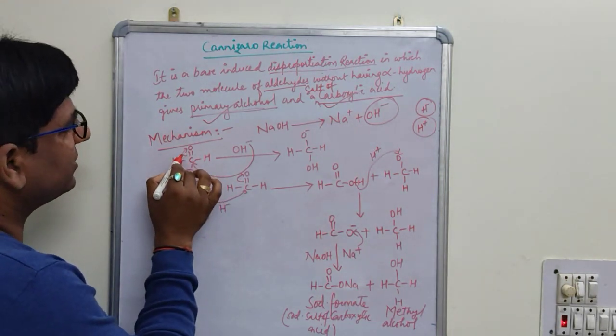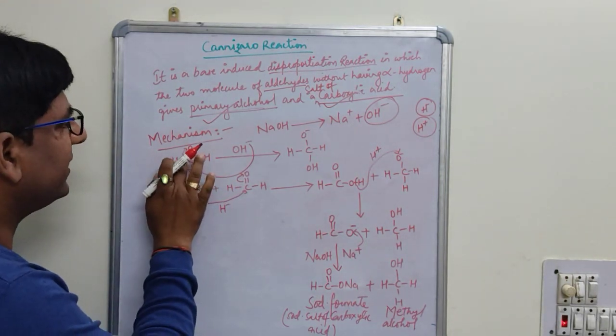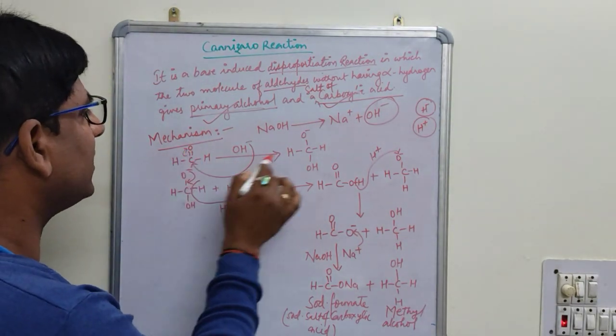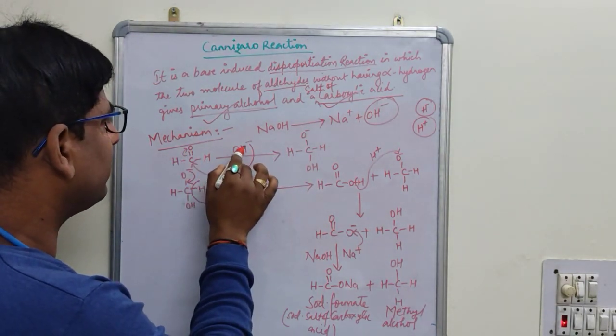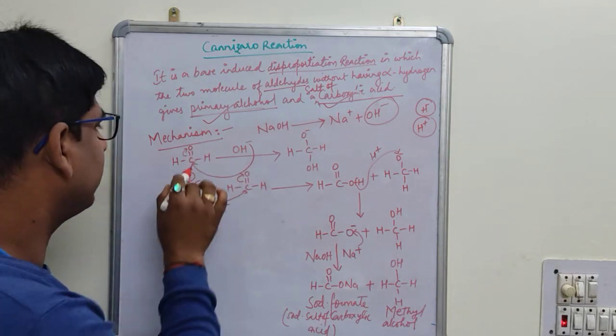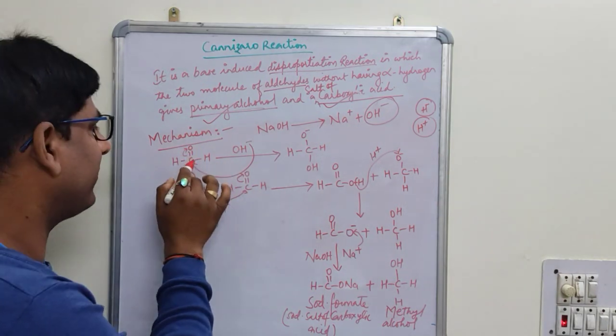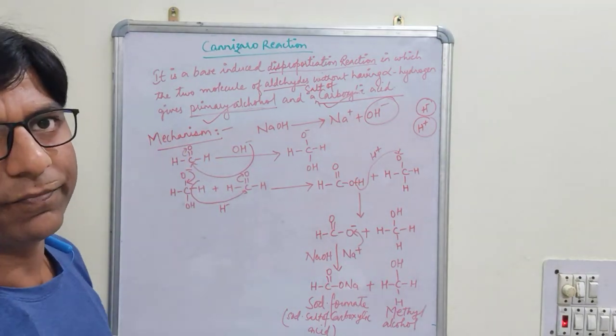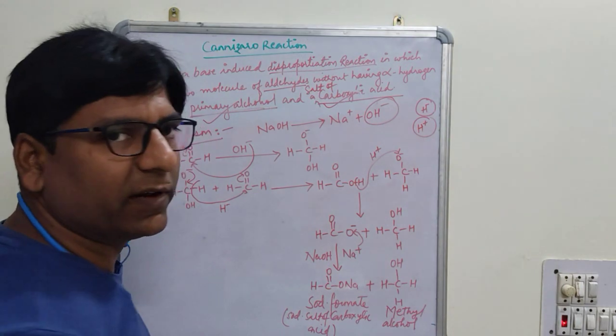The electron density shifts towards the oxygen, and oxygen develops a negative charge. Carbon gets the positive charge, so OH minus can easily attack this carbon. Okay, this way you get the intermediate.